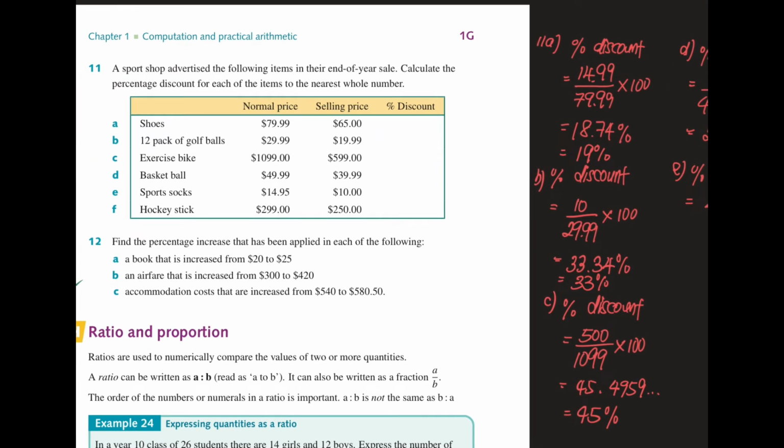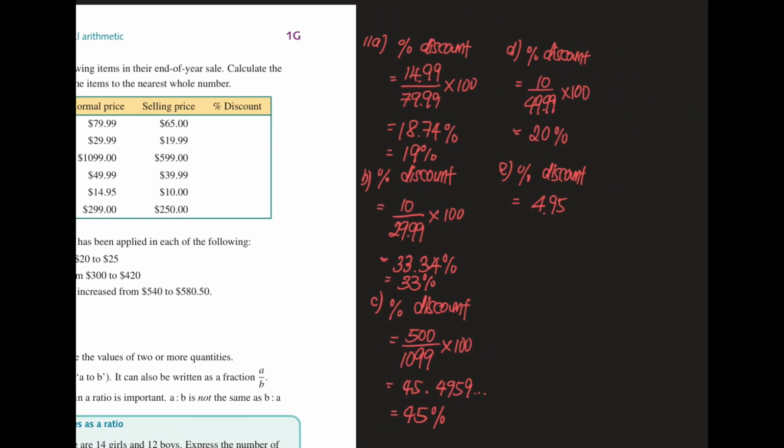Okay, so $4.95 over the original amount, $14.95 times 100. Okay, then we get 33%.